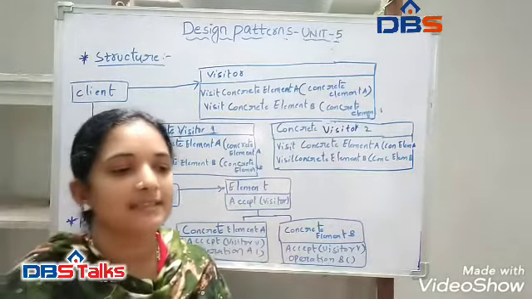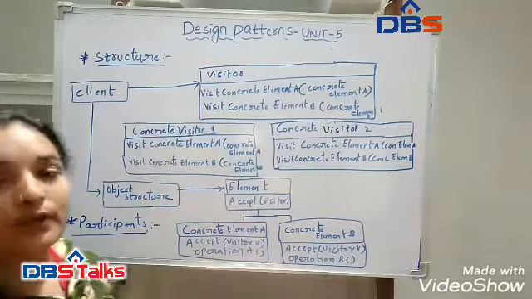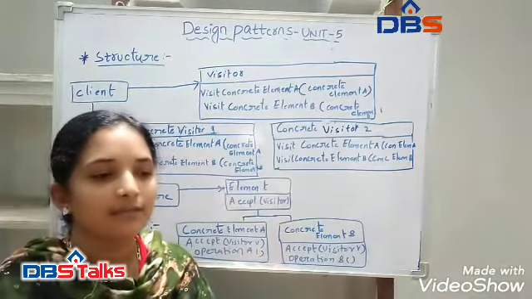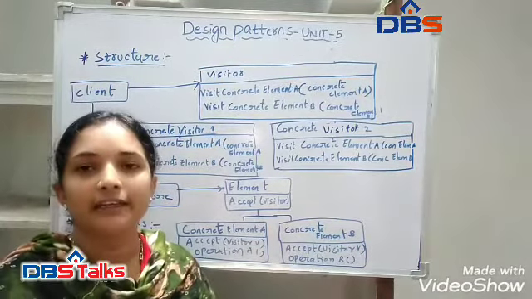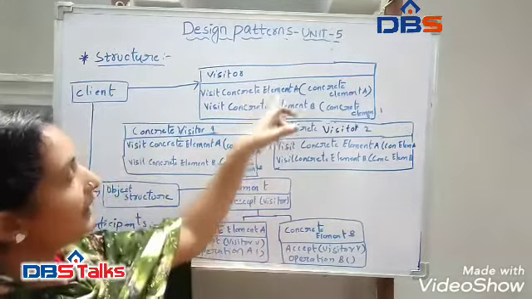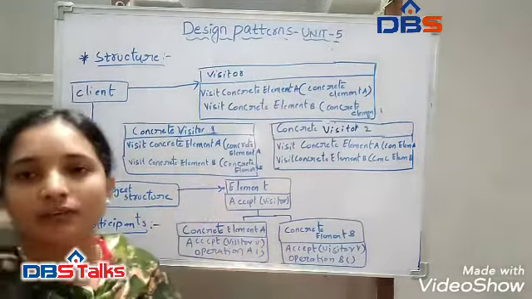The next participant is the concrete visitor, meaning concrete visitor 1 and concrete visitor 2. It implements each operation declared by the visitor. So whatever methods we have declared are implemented by these concrete visitors.